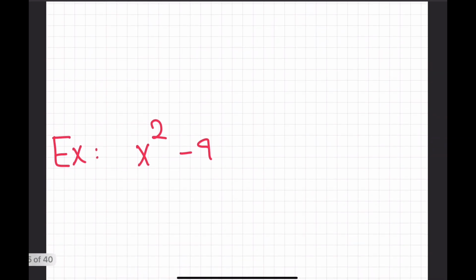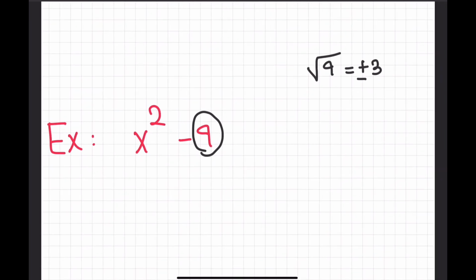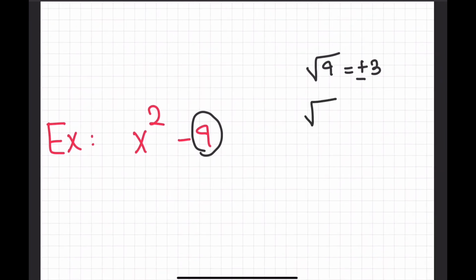But here, I have 9. So I'm going to take the square root of 9, which is 3. Well, this is actually positive and minus 3. So what the answer is going to be is x, and the square root of x to the power of 2 is also x. So how do you solve this?